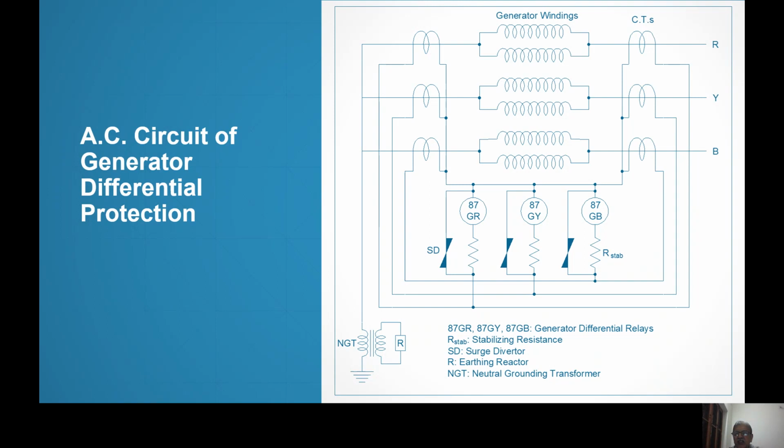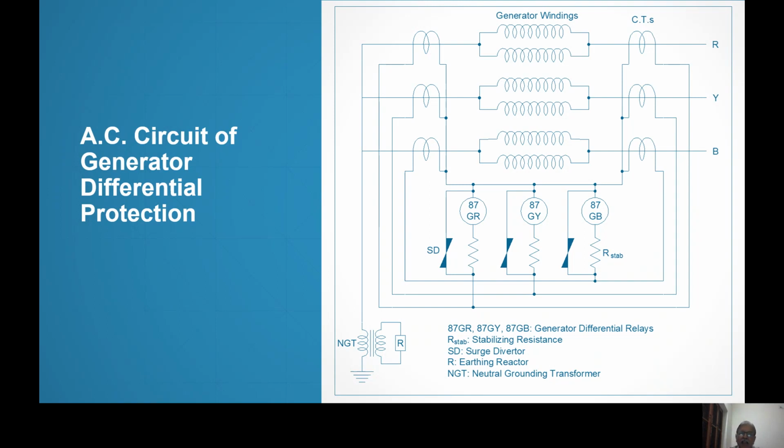87 GR, GY, GB are differential relays. Surge diverter SD will divert the high frequency surges. So 87 GR, GY and GB are sensitive only to the fundamental and nothing else. Then you are seeing the stabilizing resistance and then the lines.